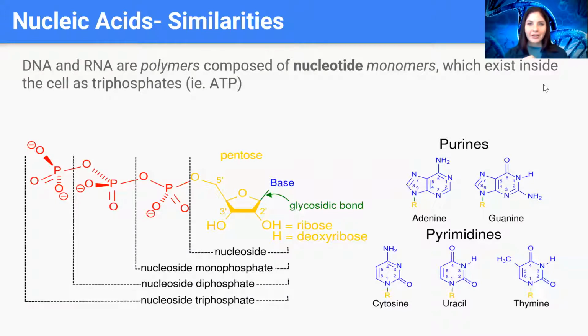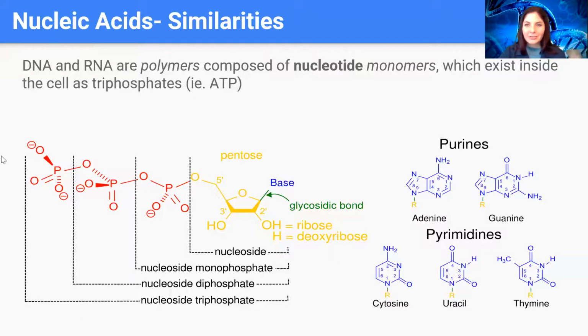So when we are forming DNA strands or RNA strands, energy has to be involved to link those together. And so we actually have GTP, guanine triphosphate, CTP, cytosine triphosphate, TTP, thymine triphosphate, UTP, uracil triphosphate, and of course we have ATP, so adenosine triphosphate.